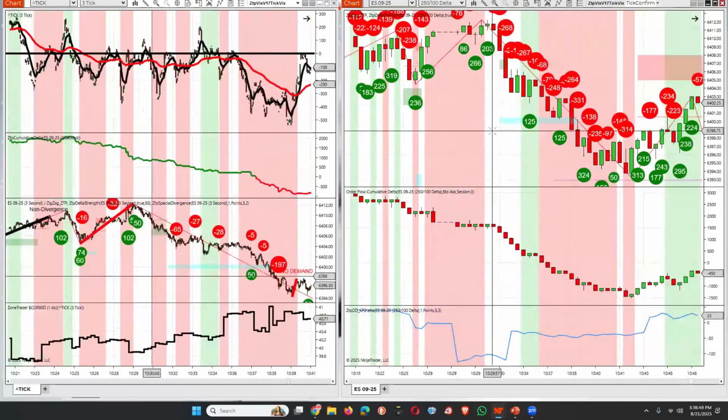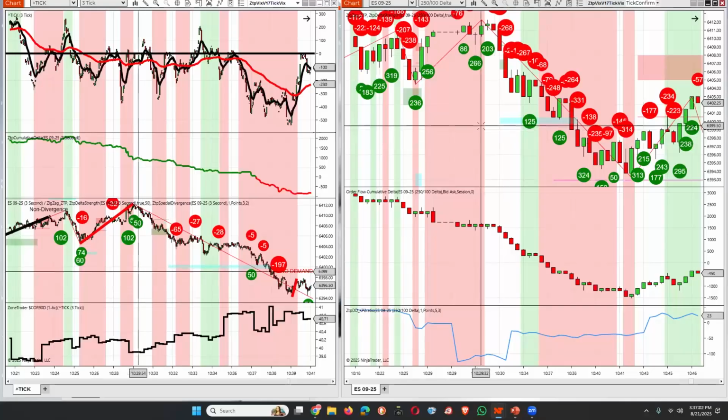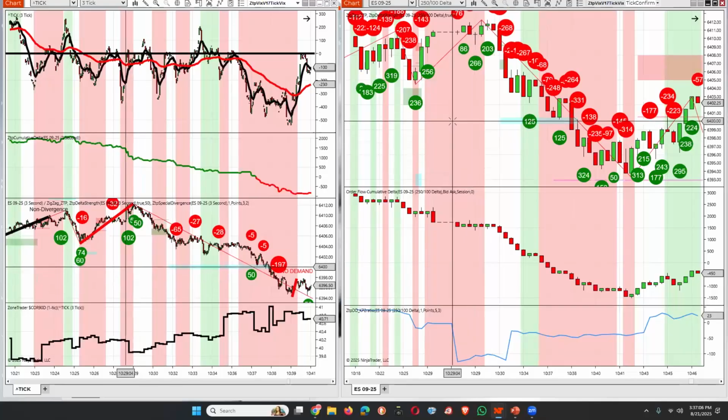One of the things you also need to know, if you are already a ZoneTraderPro user, I know there's a couple people in here, is that this is a new chart, and NinjaTrader has not made tick replay available for this.